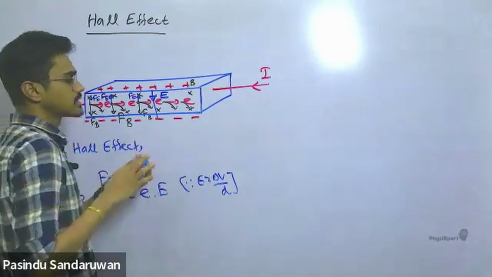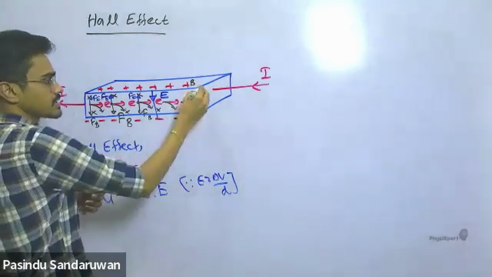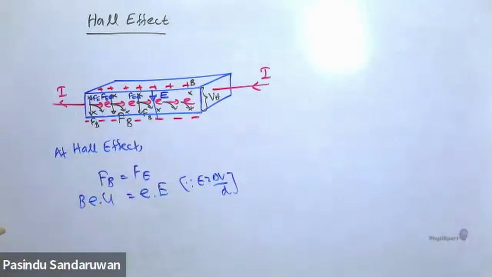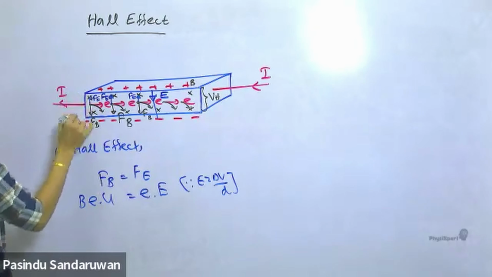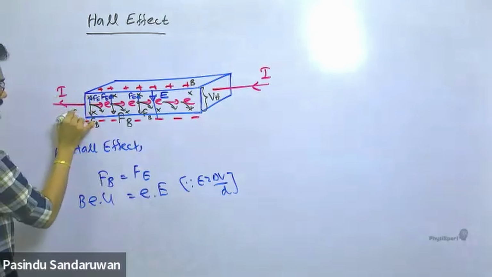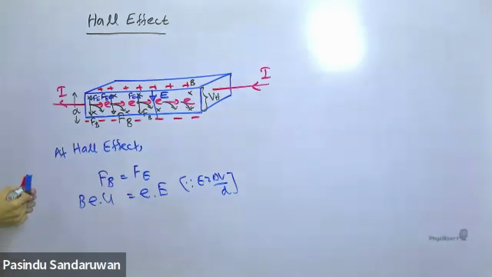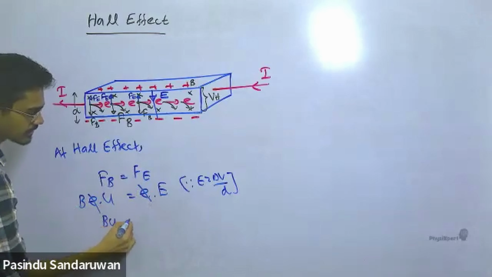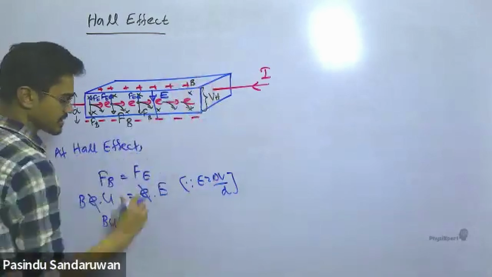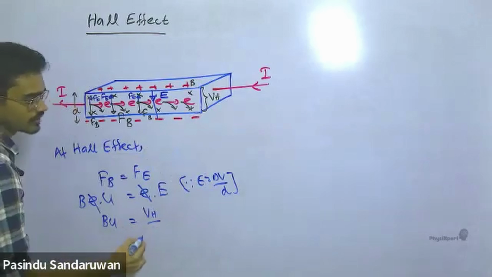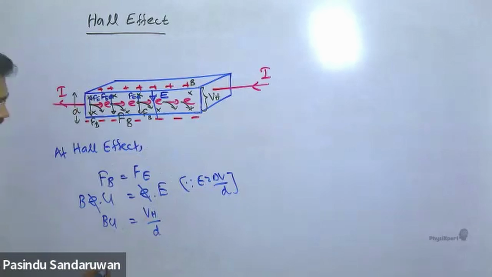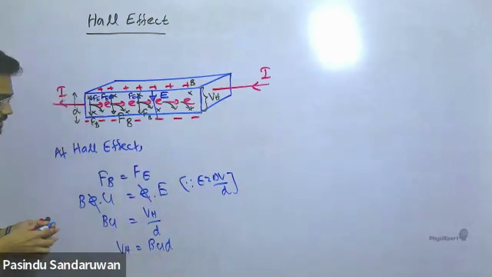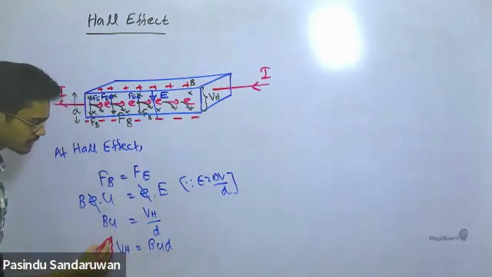The potential difference created between this surface is called the Hall voltage VH, and let's say the gap, the thickness here, is t. Now e cancels, then B u equals E, which is delta V, that is VH in the Hall effect, over t. And it gives VH equals B u t. This is called the equation of Hall effect.